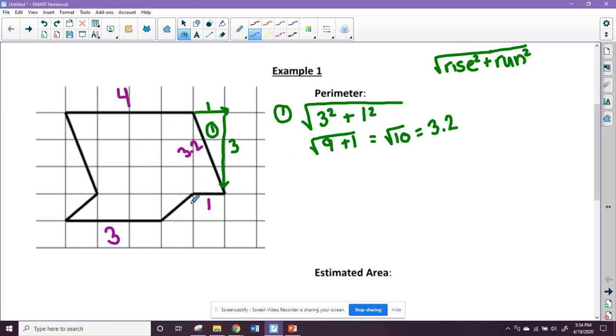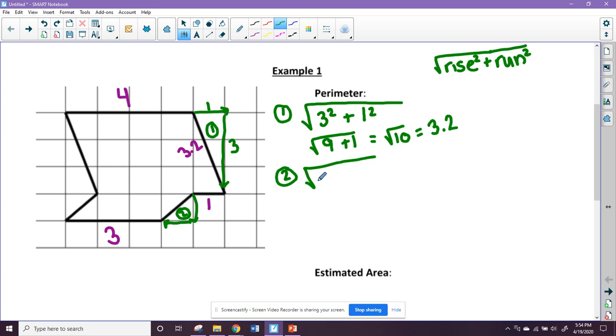Now let's find this triangle and find that length of that side. So how far down and how far over. So this is going to be our second one we're doing. So we're going to take the square root of our rise.